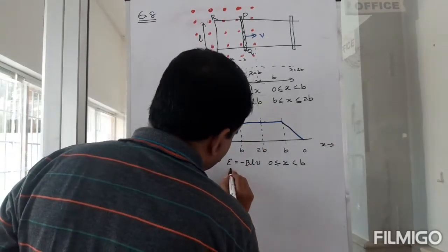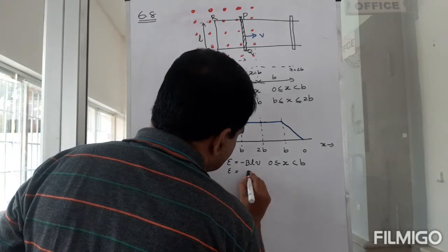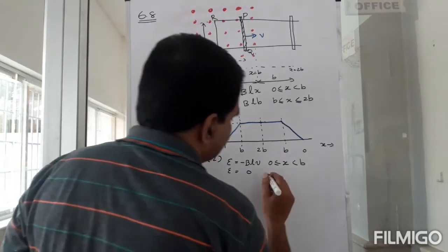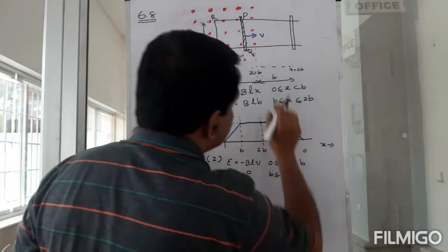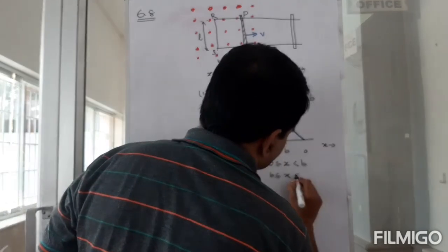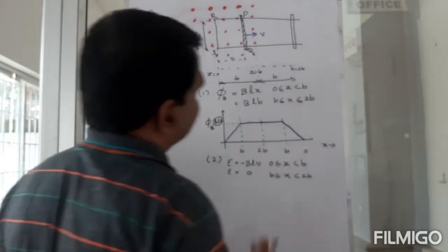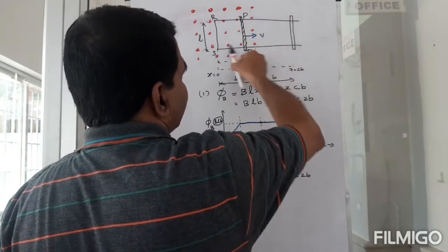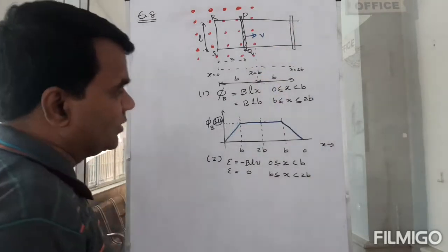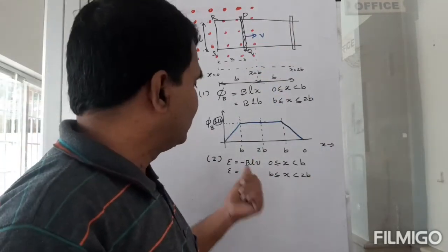So EMF will be 0 for what? For x values greater than or equal to b until it is 2b, because that's the farthest you go to. So from here to here, the flux through the loop does not change with time, so your E will be 0.